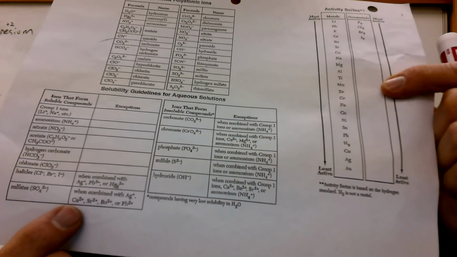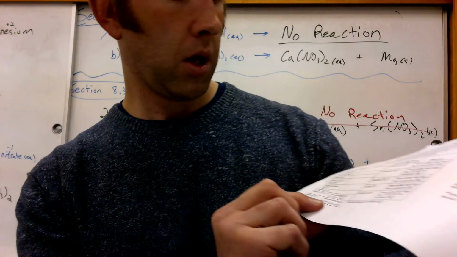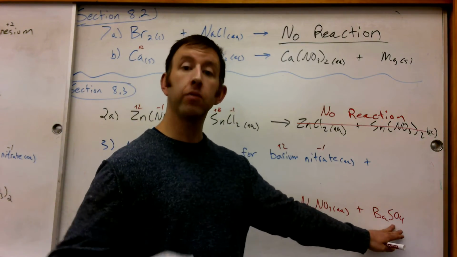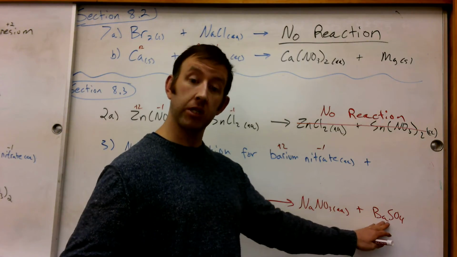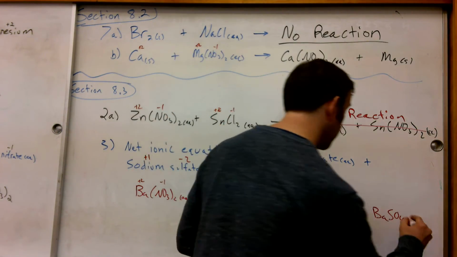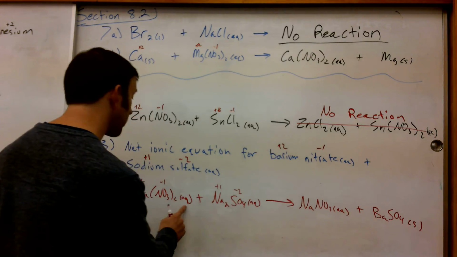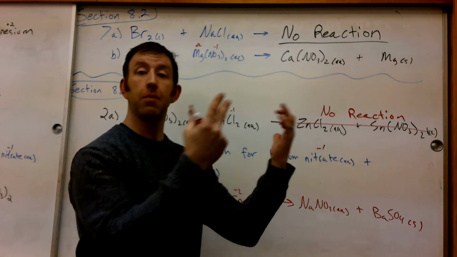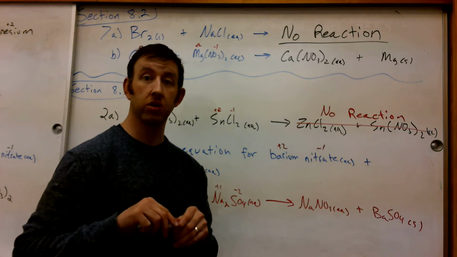Exceptions are calcium, strontium, barium, and lead. So barium is an exception. So when sulfate, which is usually aqueous, is with one of its exceptions, that makes it solid. Now, because we have aqueous, aqueous, aqueous, solid, there is a reaction. We formed a precipitate in that reaction.